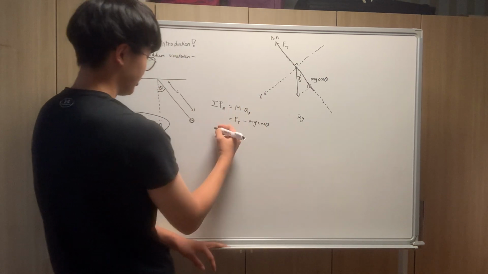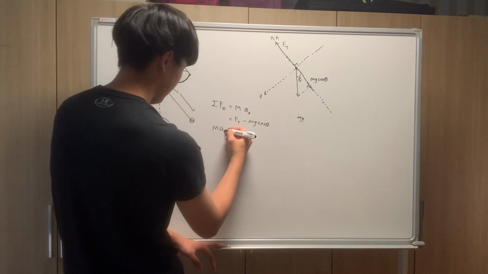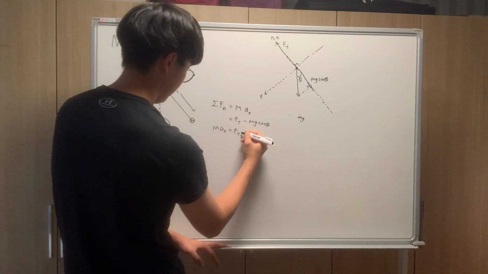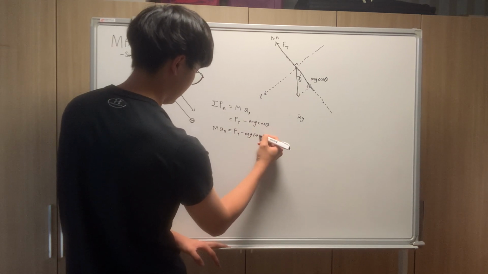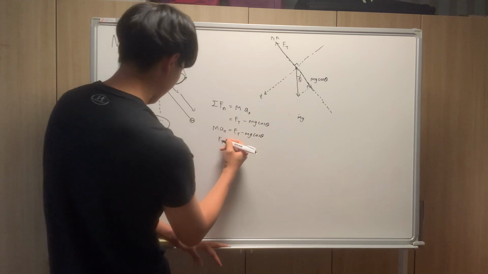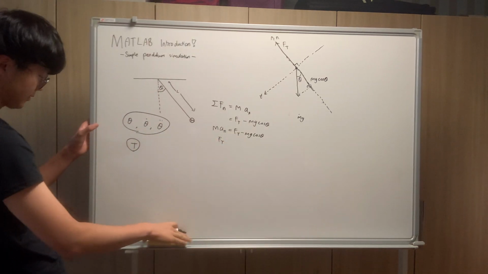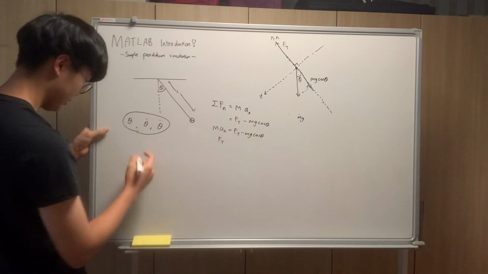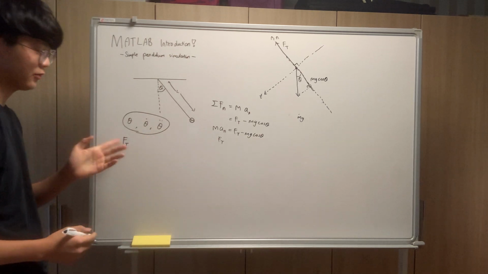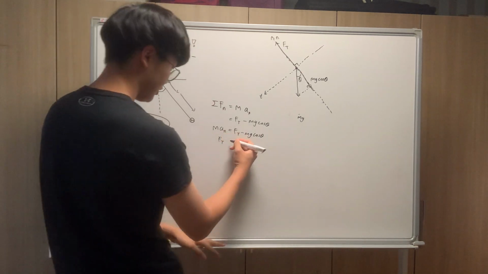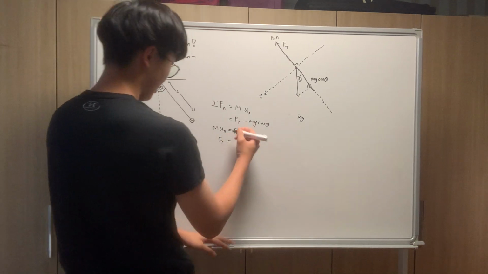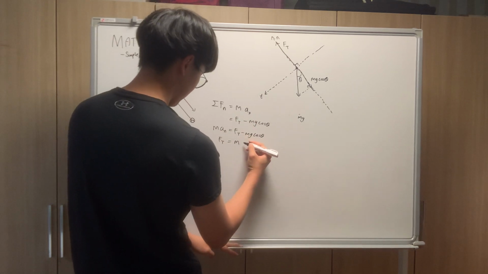And so we have an expression that goes like m a_n is equal to Ft minus mg cosine theta. What we want to define here is F of t, and we have an expression of F of t that goes like this.